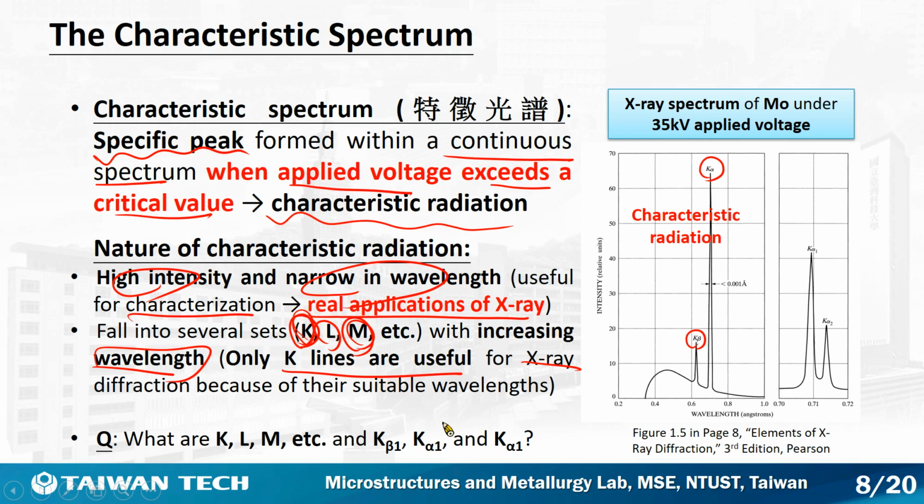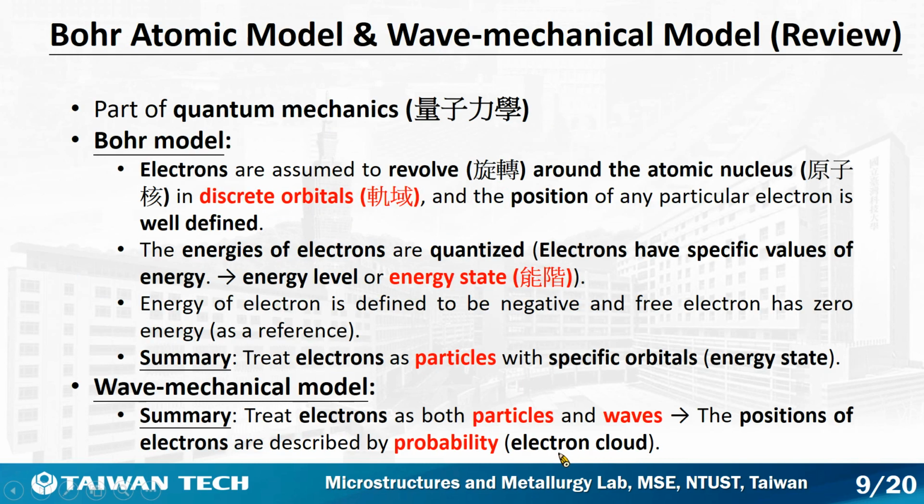And here is the question. What are these symbols? K, L, M, and maybe here K alpha, and also K alpha 1, K alpha 2, and K beta. So it is related to quantum mechanics. And this is actually a review of quantum mechanics. So we have two models.